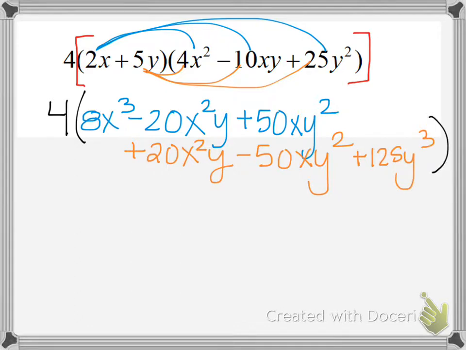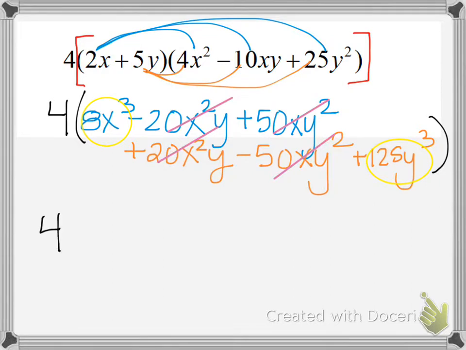Okay, and then that would end my long line of 6 terms. But now, as I can see, the negative 20x squared y and the plus 20x squared y are going to cancel out. And the plus 50xy squared and the minus 50xy squared are going to cancel out. So really, all I'm left with inside my parentheses is the 8x cubed plus the 125y cubed.